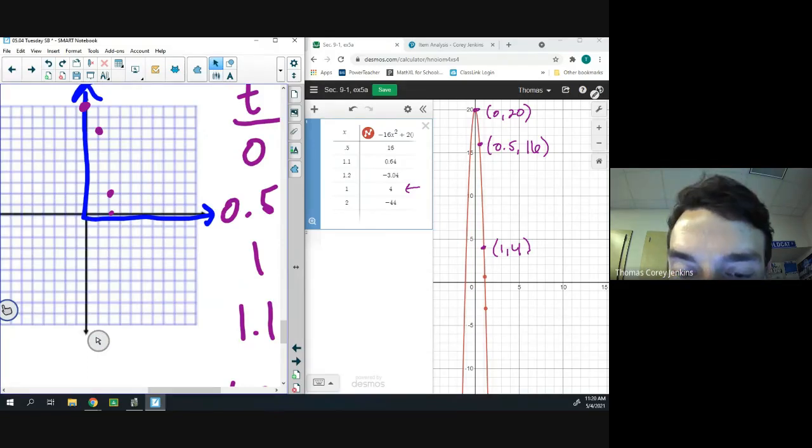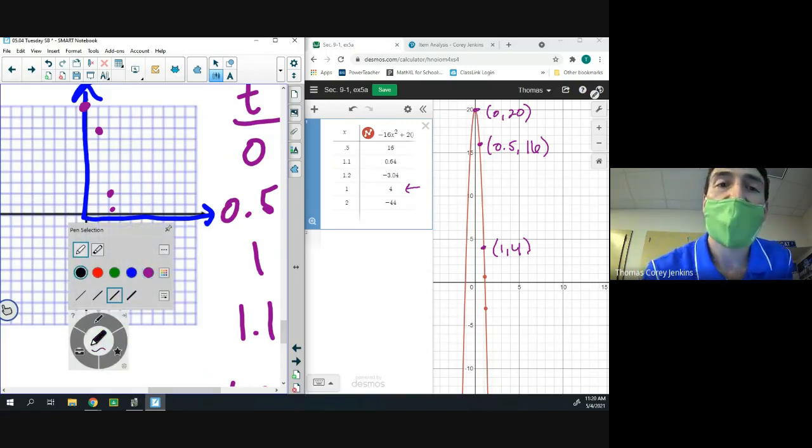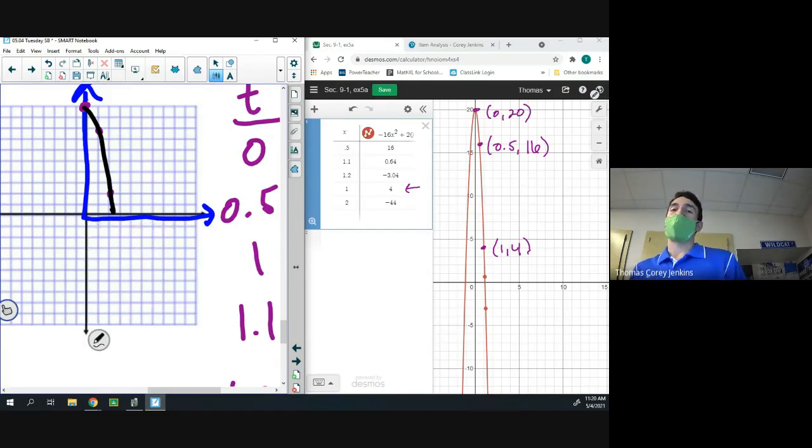Move it around just a little bit. Put it about right there, okay? And then at that point, I'm just going to trace my curve, just as good as I can go. All right, so it's going to look about like that. Notice I didn't go past into any negatives, right? So that gives me a pretty good graph.